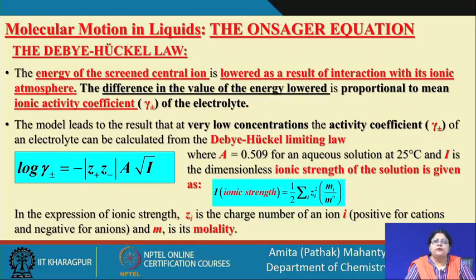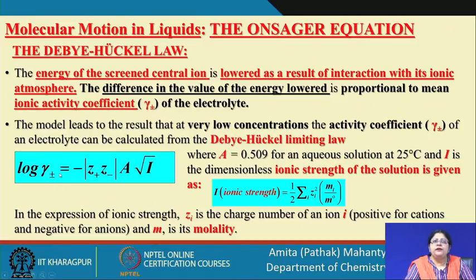This lowered amount of energy was proposed to be proportional to the mean ionic activity of the electrolyte, and that expression was summarized like this, a formulation by Debye-Huckel, considered valid only at very low concentrations of the electrolyte, and hence this equation is known as the Debye-Huckel limiting law.